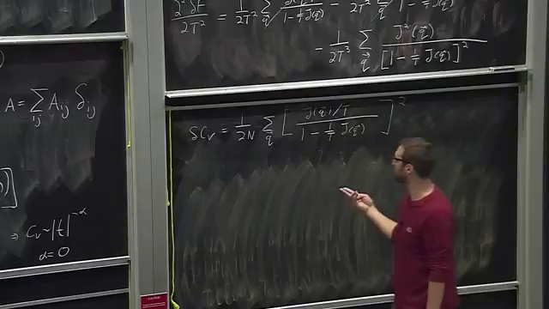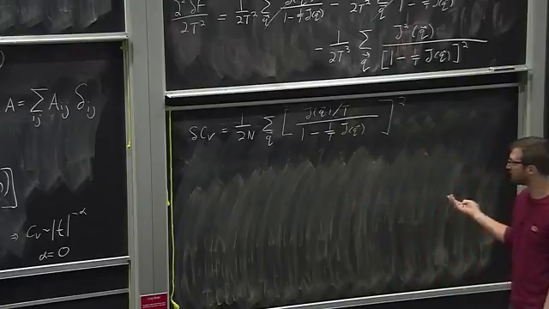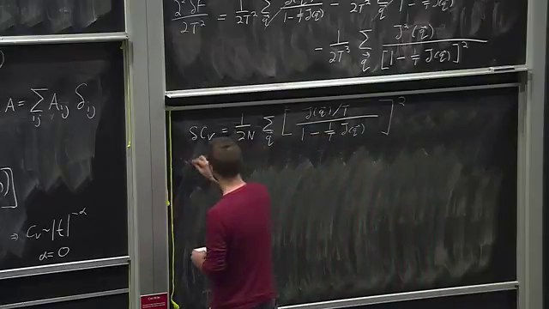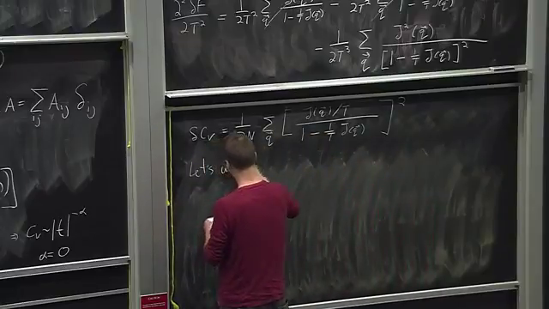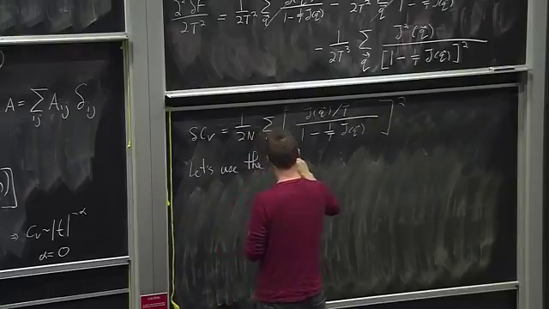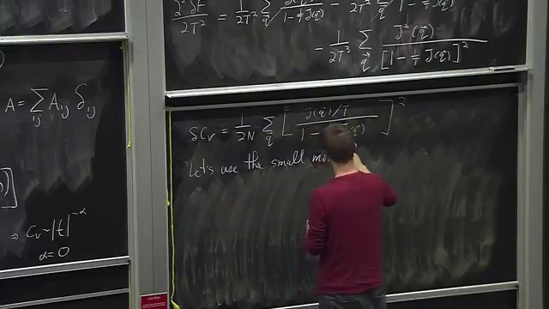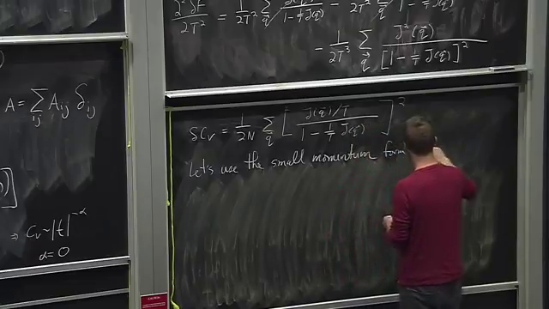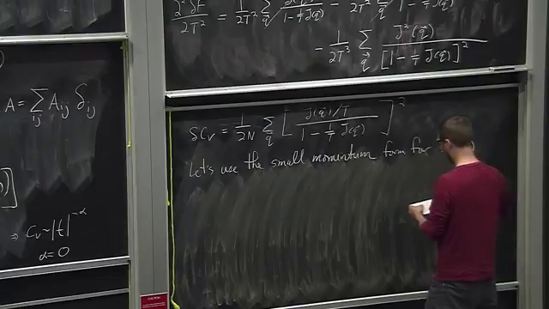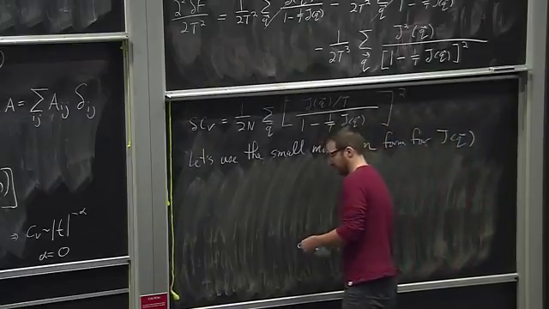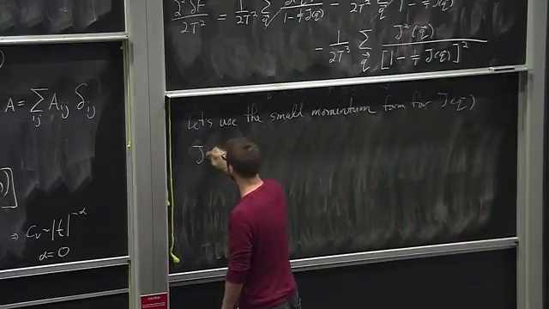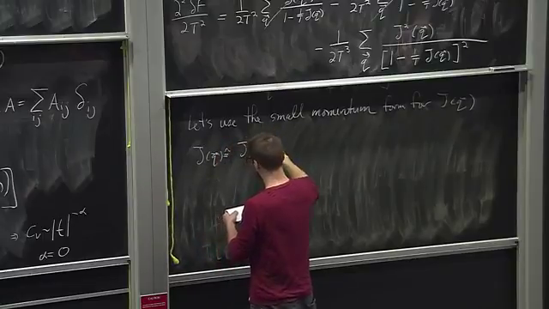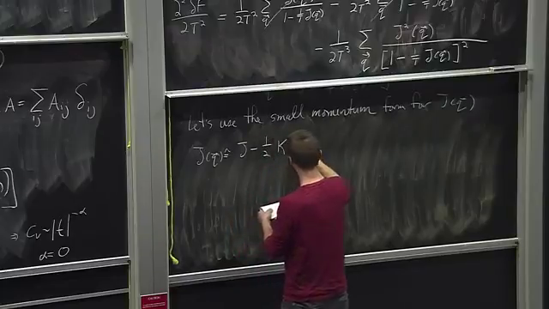We can expand J of Q now if we're interested in the long wavelength limit. And we know that expression from last time. So J_Q is approximately equal to some constant minus this thing kappa.